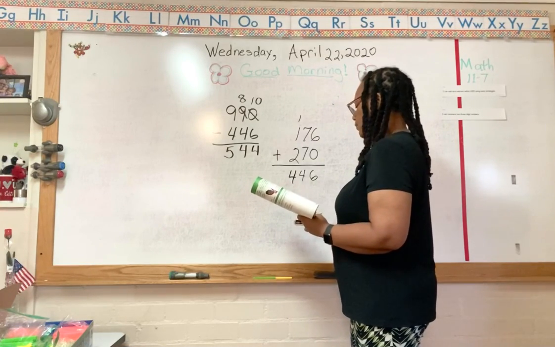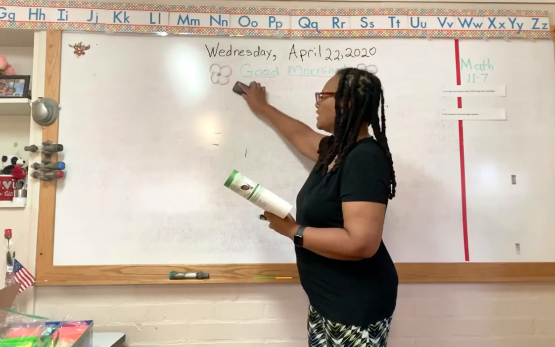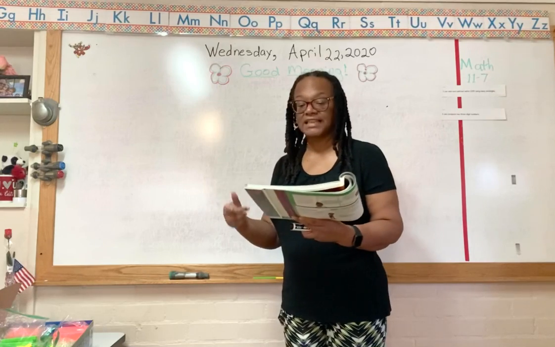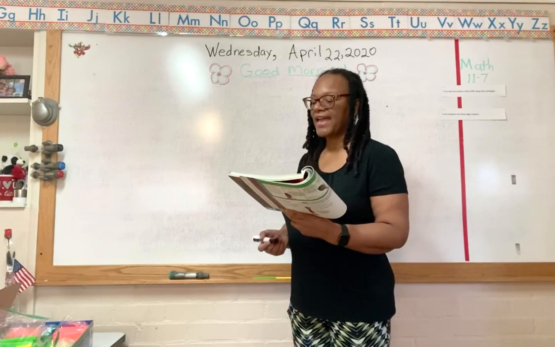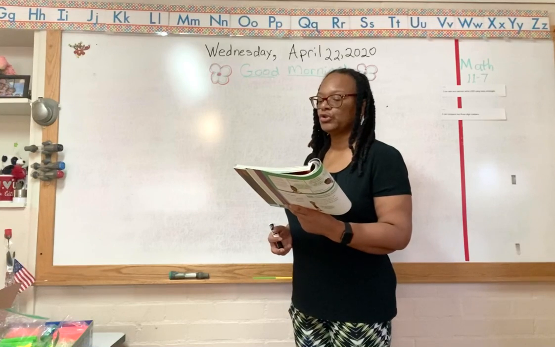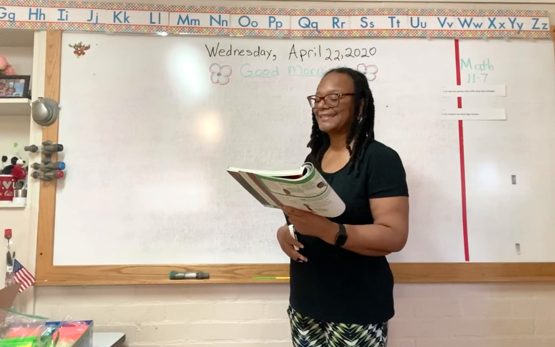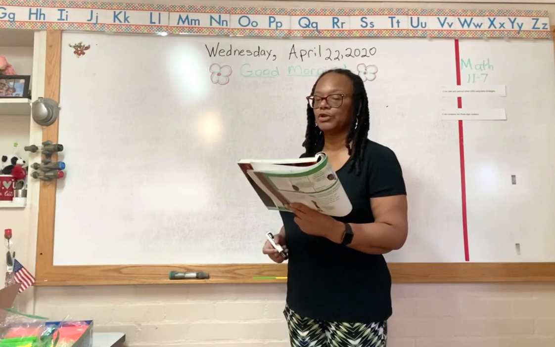Now, I'm going to erase this and see if you can figure out the next one on your own. How much less does a black bear weigh than the weight of 2 mule deer? So, what do we need to add together? It says 2 mule deer.